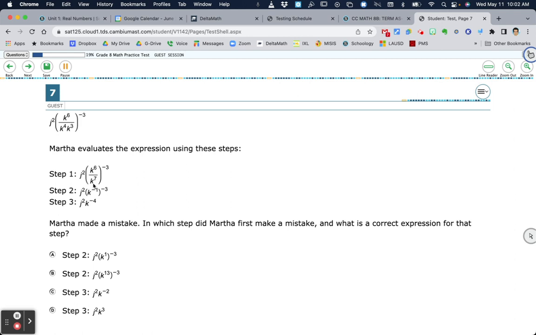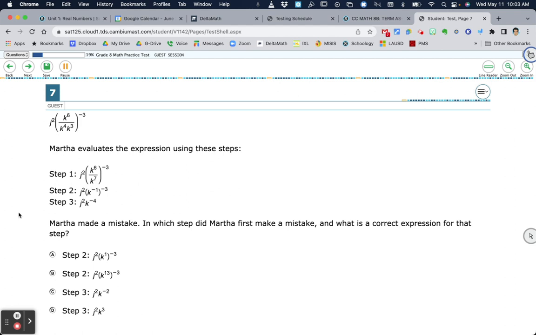That was correct. Now, looks like in her next step, she converts k to the 6th over k to the 7th to k to the negative 1. Is that correct? Can you do that? We're dividing powers, right? K to the 6th divided by k to the 7th. So when you're dividing powers with the same base, what do you do with the exponents? We can't add them because that's for multiplying.